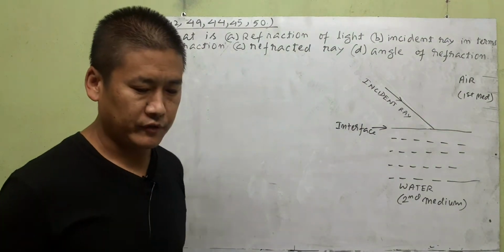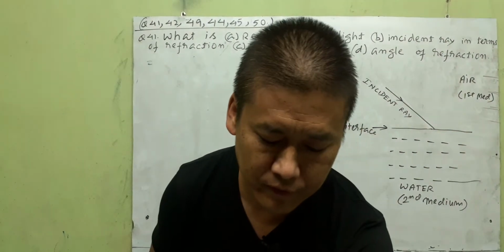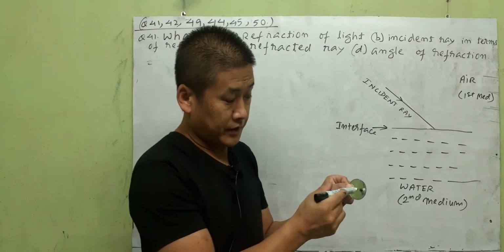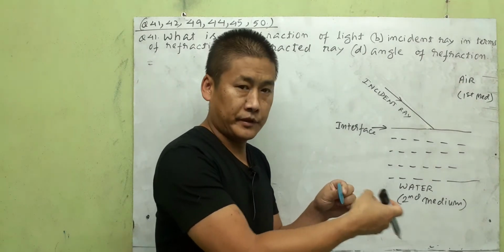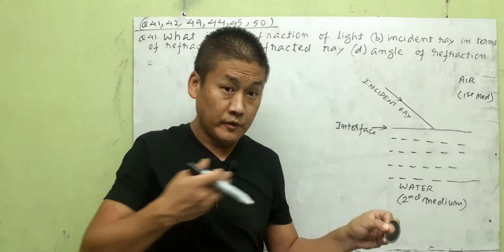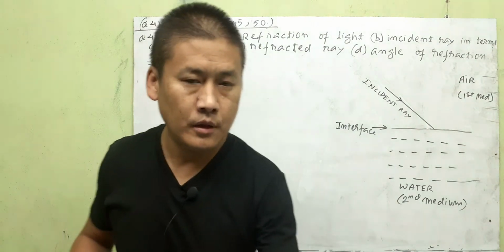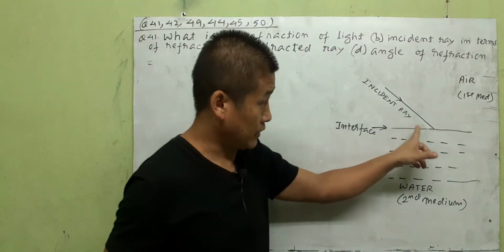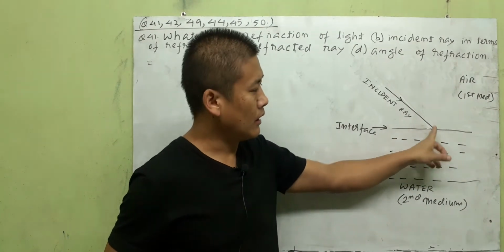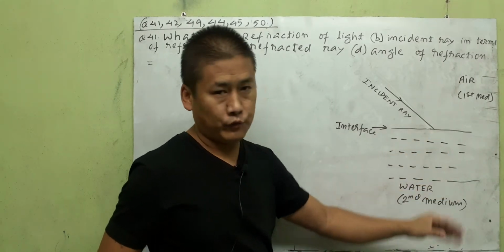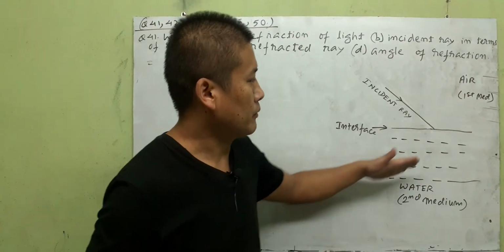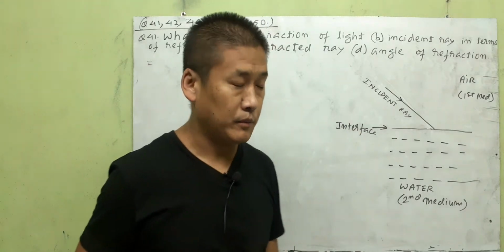Now in the case of a mirror, in reflection we have seen that when the light ray strikes the surface, it doesn't penetrate the mirror, but instead it reflects back, bounces back. But in this case, when it strikes the interface, the second medium allows light to travel through it. So instead of bouncing back, it will enter the second medium.